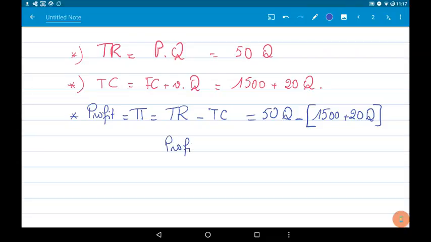Profit equals, in this case, 50Q minus (1500 plus 20Q). So profit equals 30Q minus 1500.